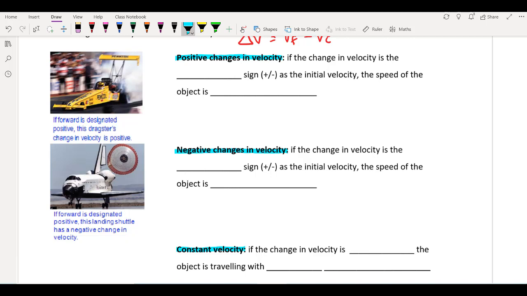So the next little part of the notes here, we're going to describe what each one of these three different changes are. Okay?